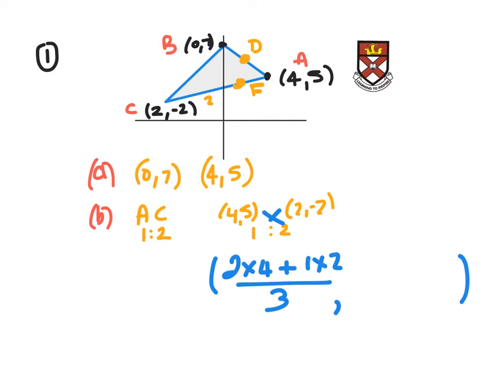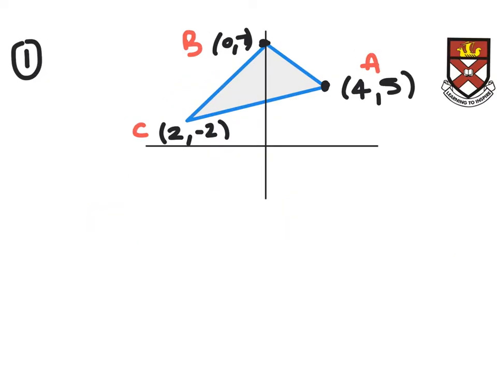Okay, so we've got these 2 points. Next thing we're going to do is part C. Now part C says find the coordinates of F where BC and DE intersect.